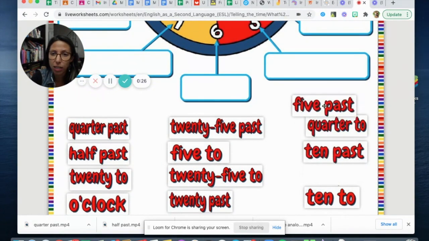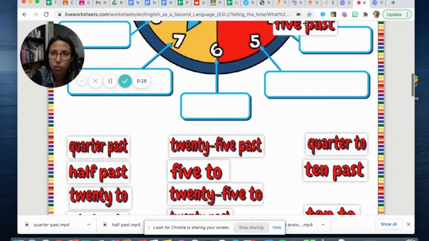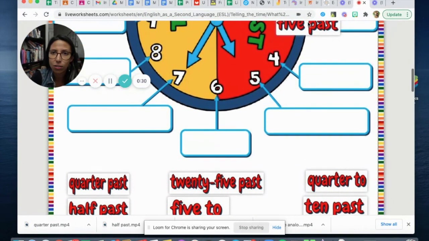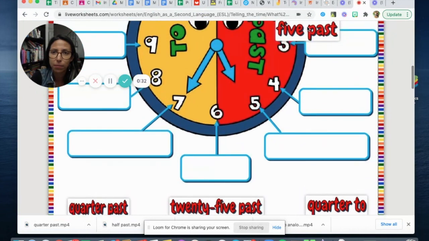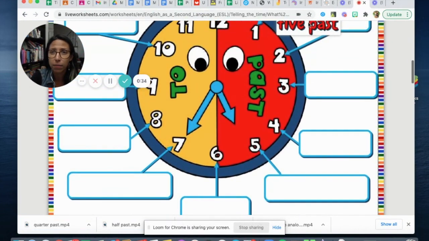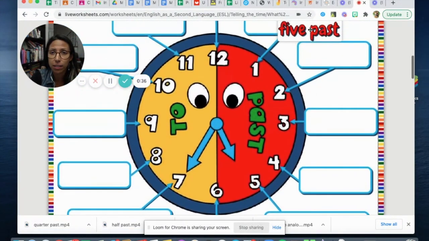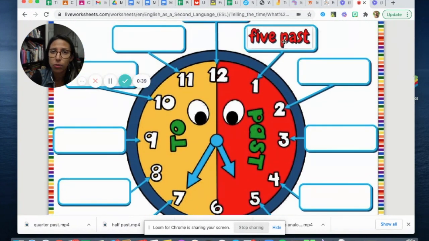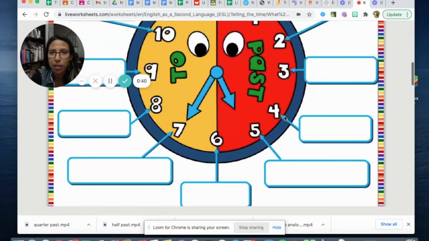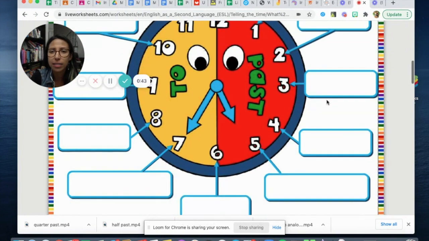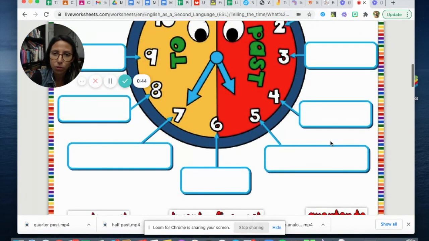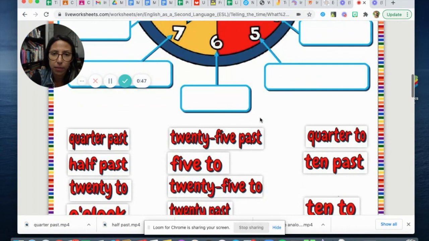So you click on it and you drag it to the right place. 5 past means that 5 minutes have passed after the hour. So it would go here, right? Then 10 past, quarter past, 20 past, 25 past, etc.